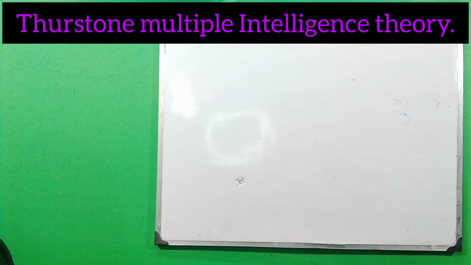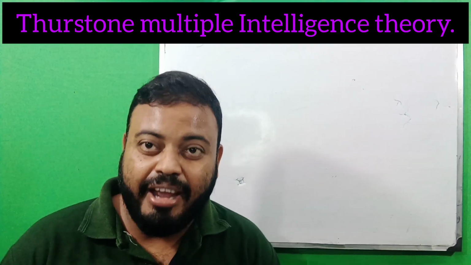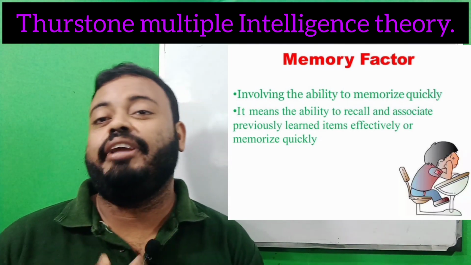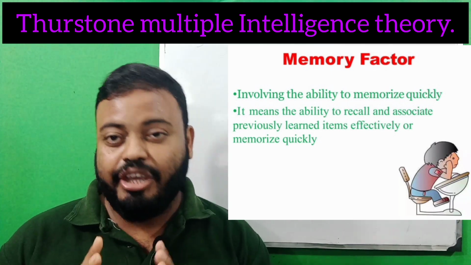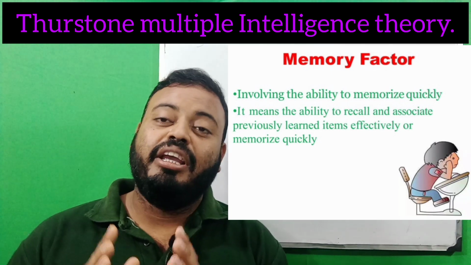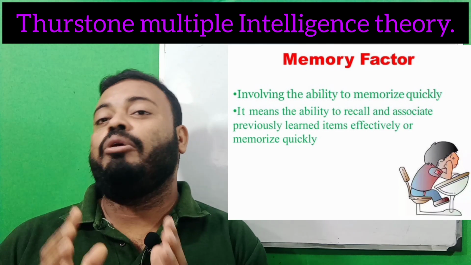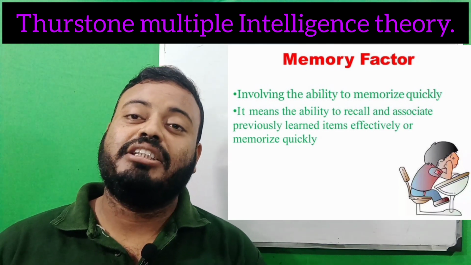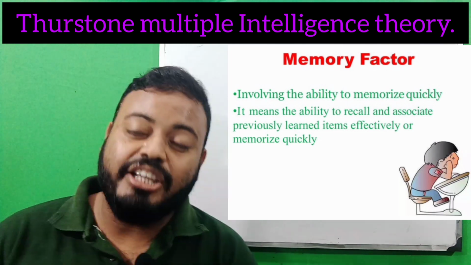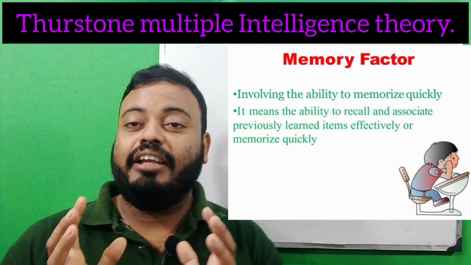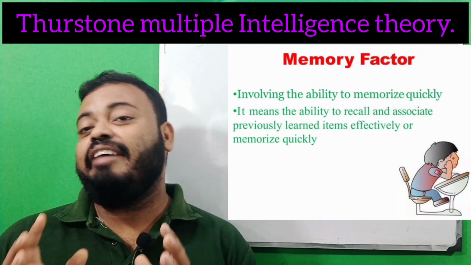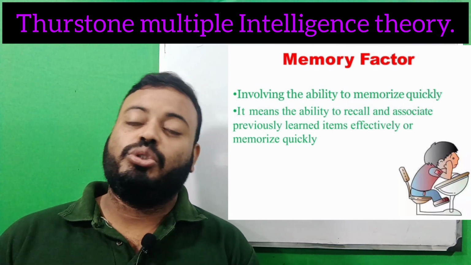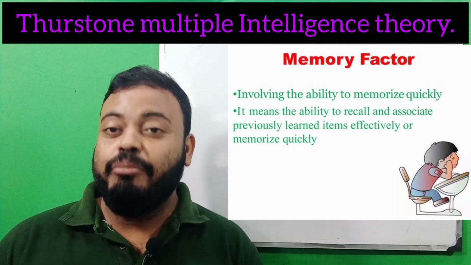Next we learn about the M factor, or the memory factor. This memory factor is very important for every human being, and it was very important to Thurstone. Some people have very strong memory, and they can recognize and formulate every kind of problem, so they have memory power.